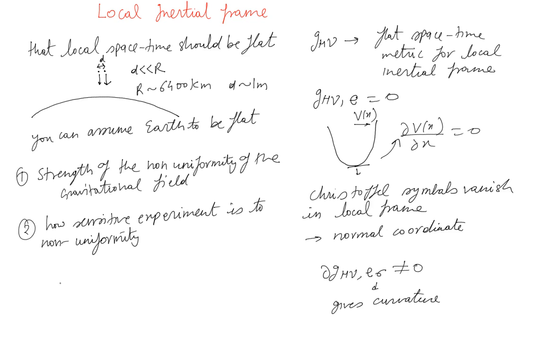Later we'll learn about something called the Riemann tensor. The Riemann tensor is sort of a function of the second derivative of the metric, and it encodes the information about curvature.